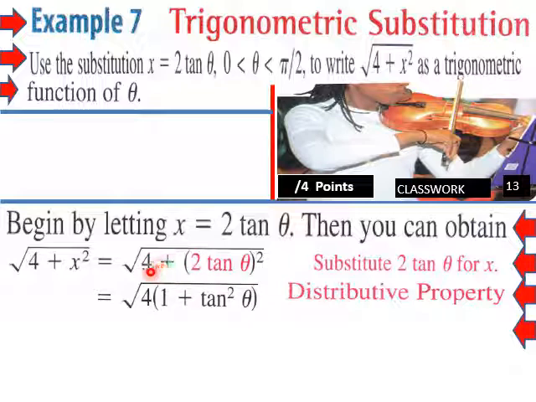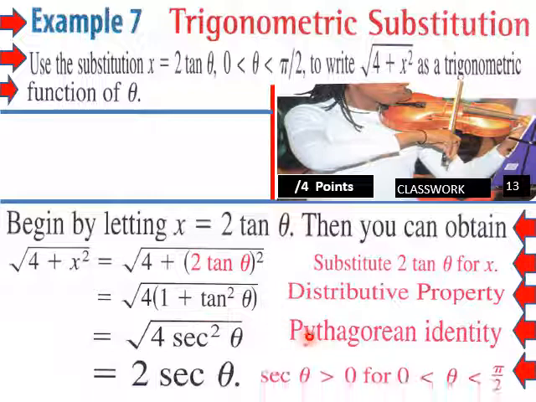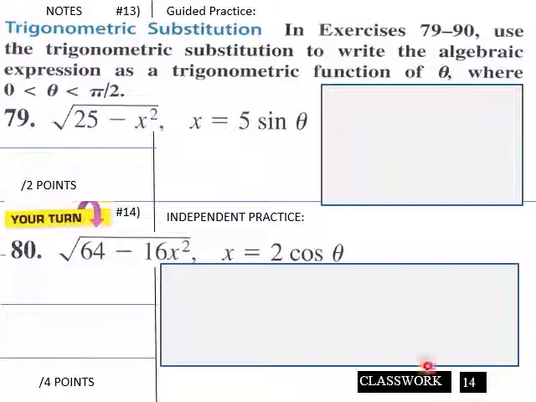Once we multiply that out, we get 4 times secant squared theta using our Pythagorean identity, and we end up with 2 secant theta by taking the square root of 4 secant squared theta, and secant theta is greater than 0 for 0 less than theta less than pi over 2.